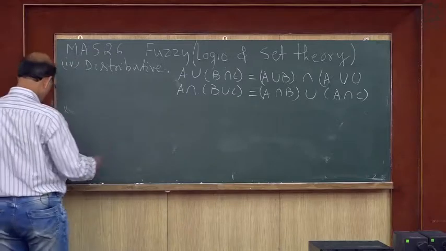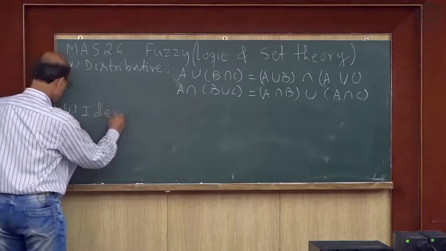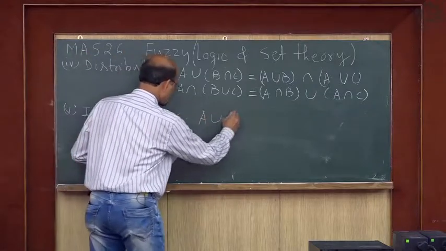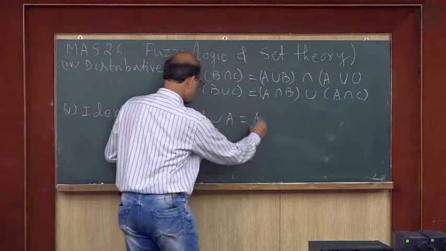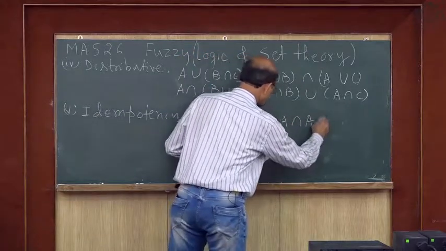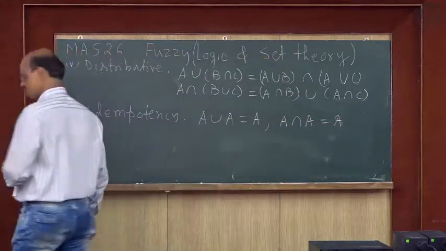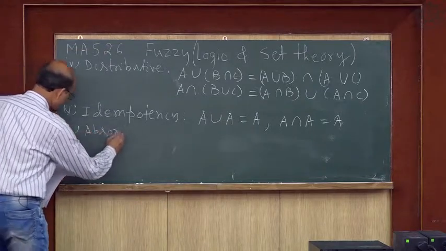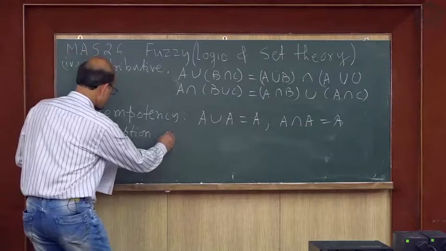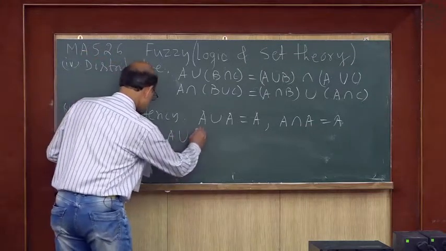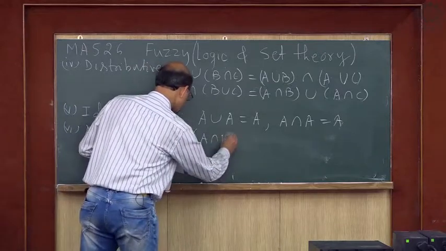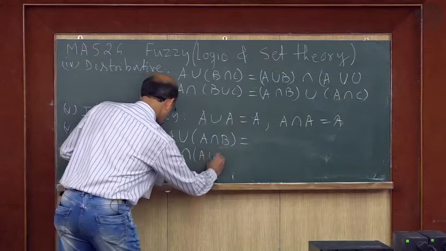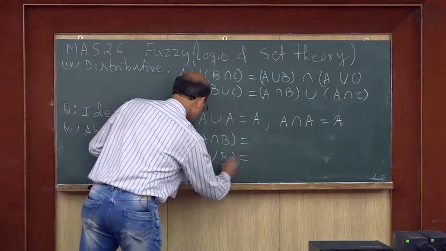Then we have idempotency, and this is nothing but A union A is your A and A intersection A is your A. Sixth is absorption. Absorption is A union (A intersection B) is what, and A intersection (A union B) is what?